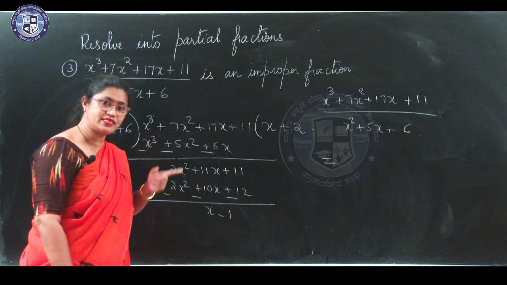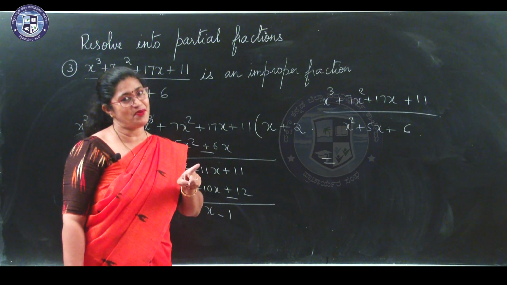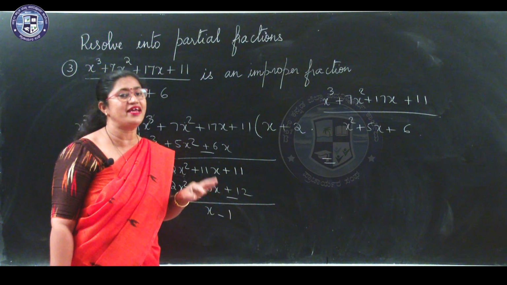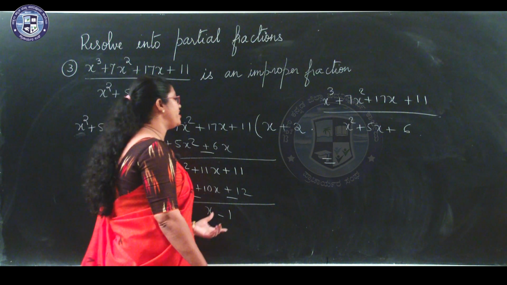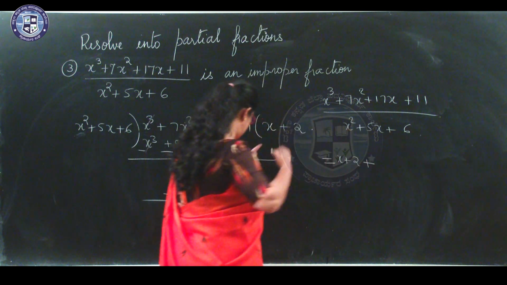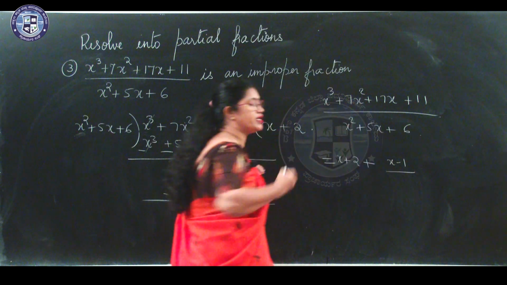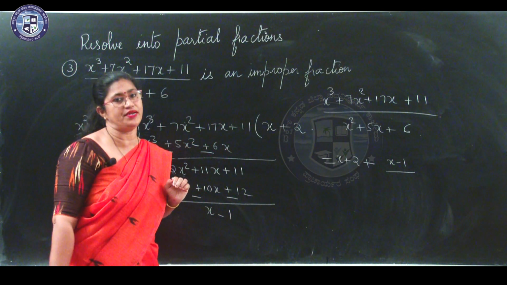How do we write it? What do we think in our mind? Answer plus remainder divided by denominator. Yes, you got it right. So, you write it as the answer plus the remainder, that is x minus 1, divided by the denominator.